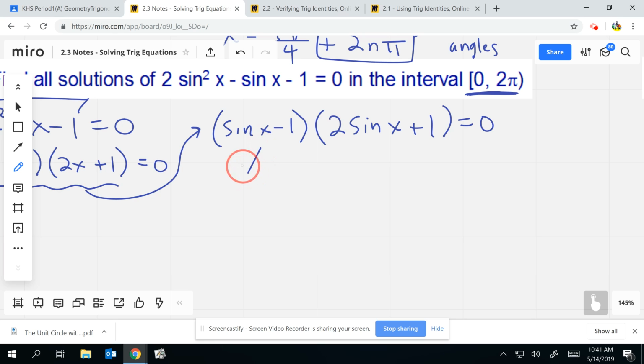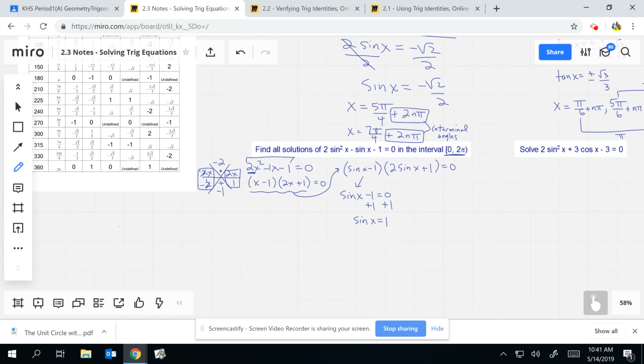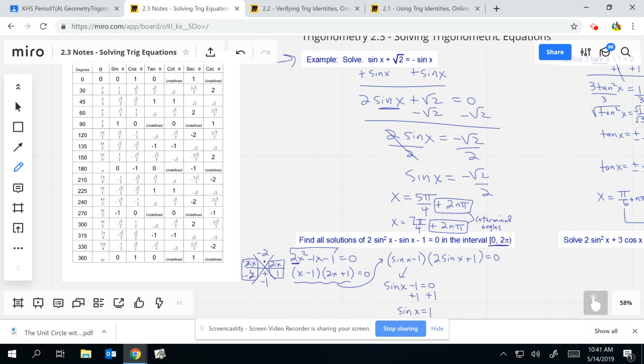So I've got to find out what's going to make this parenthesis equal to 0. So if I add 1 on both sides, sine of x equals 1. So where is the sine of 1? Here's my chart. Where is the sine a 1? Sine is a 1 at pi over 2, or 90 degrees. Never is it a 1 again on the chart.